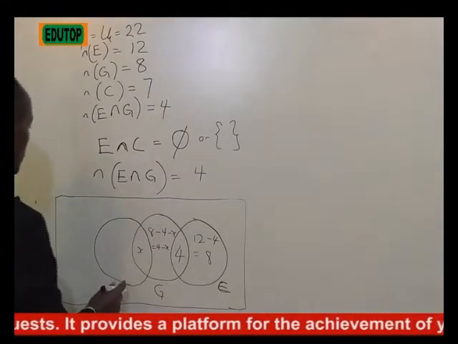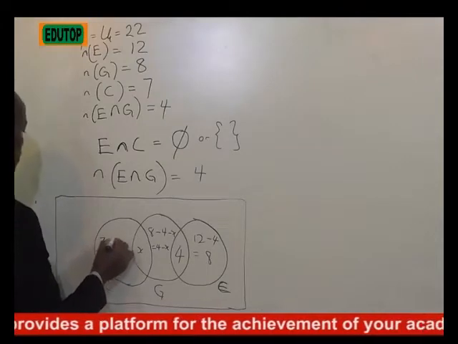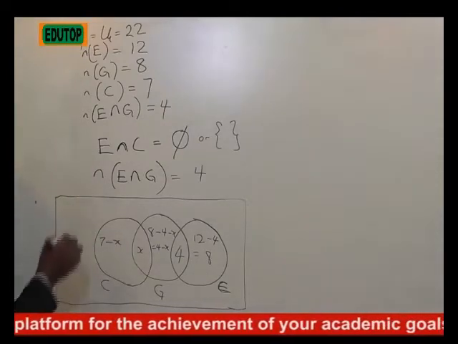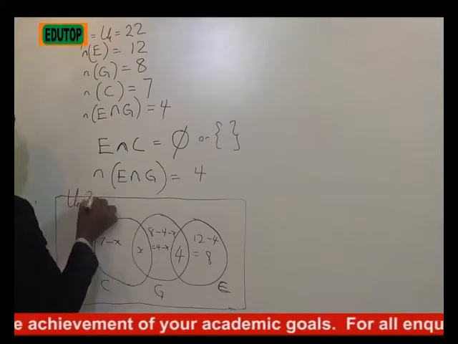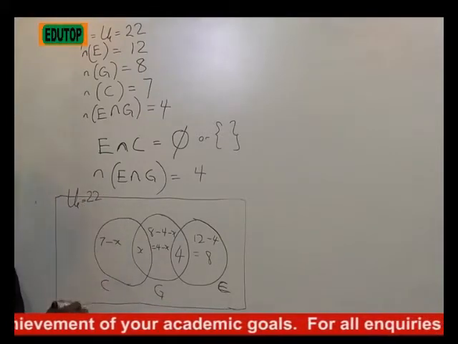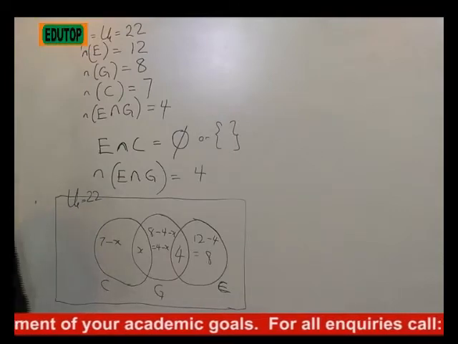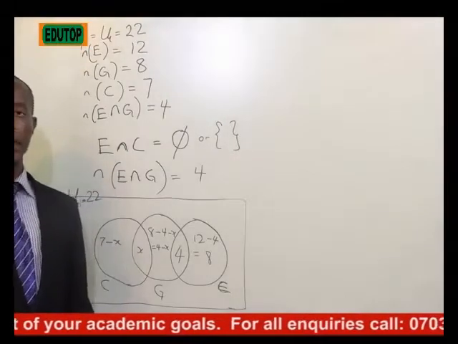Now for chemistry, that's 7 minus x. And our universal set is equal to 22. So with this, we've solved the A part.